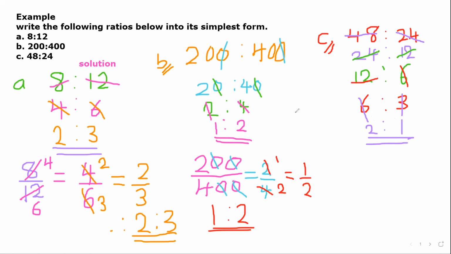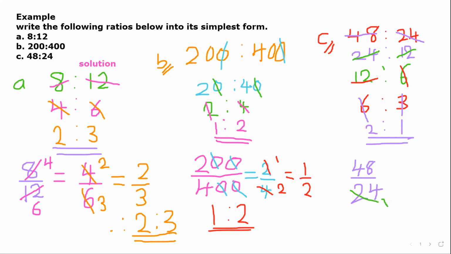Okay, you can either turn them into fraction and do the cancellation, and that one will be 48 over 24. You can also cancel them. You know 24 can cancel both.